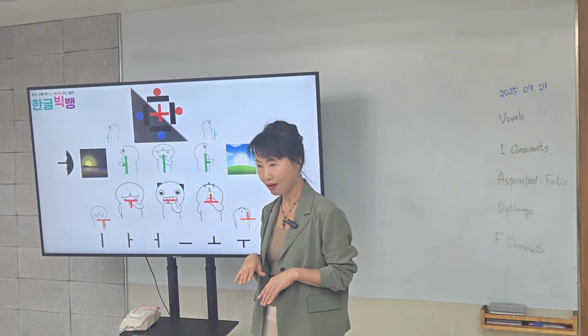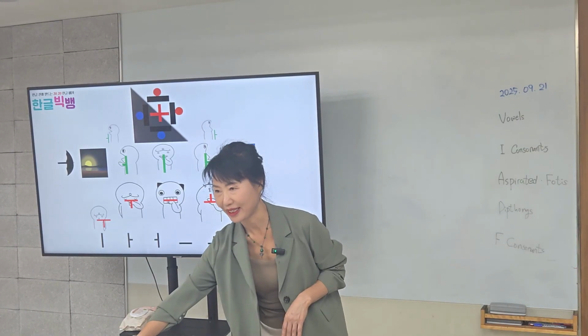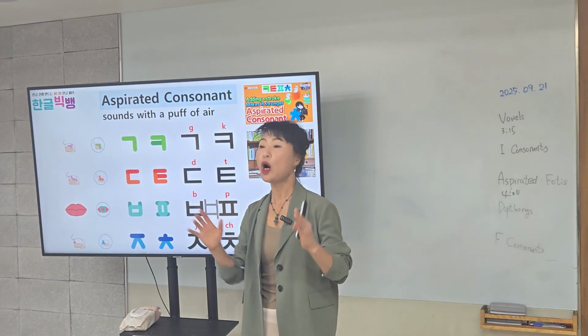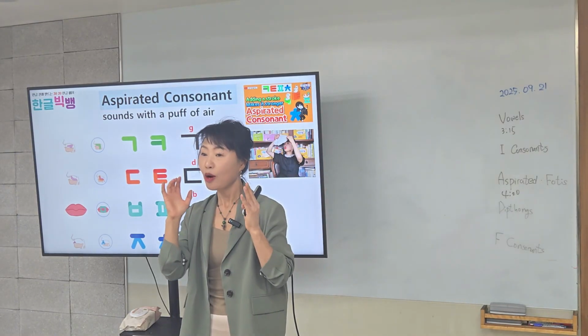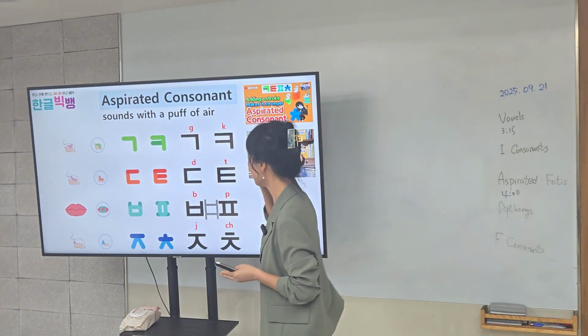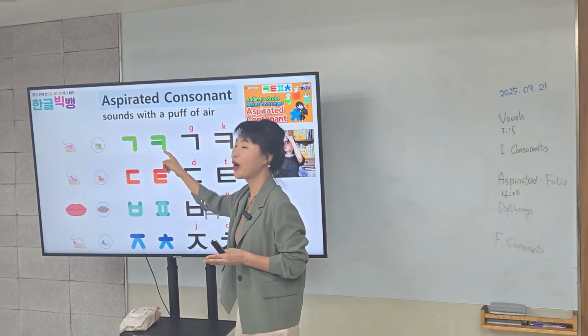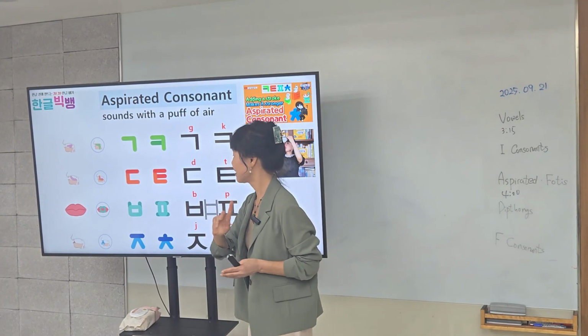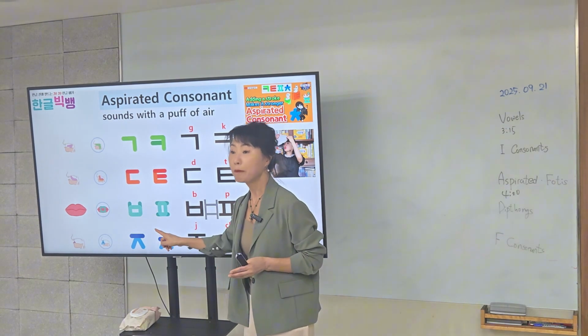So aspirated consonants, I told you, more strokes means more air. Okay, so this is 그, what is this? 크. 드, what is this? 트. 브, what is this? 프.